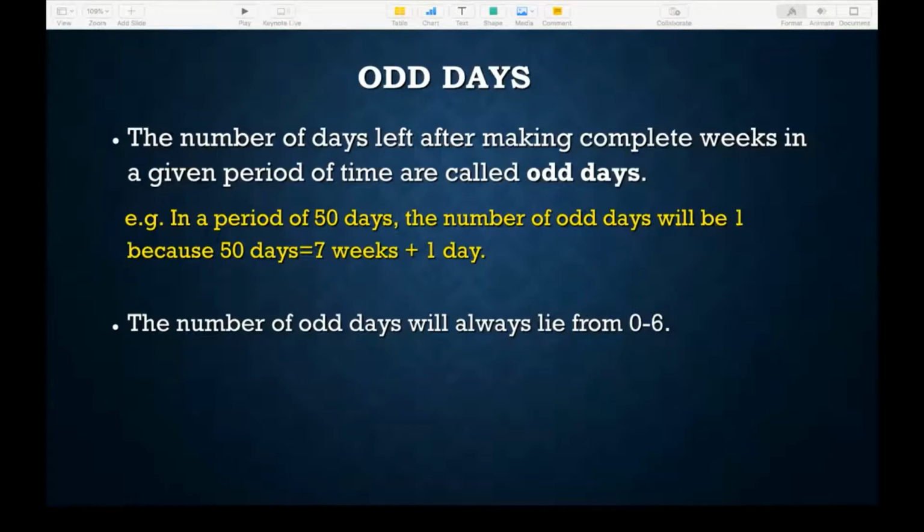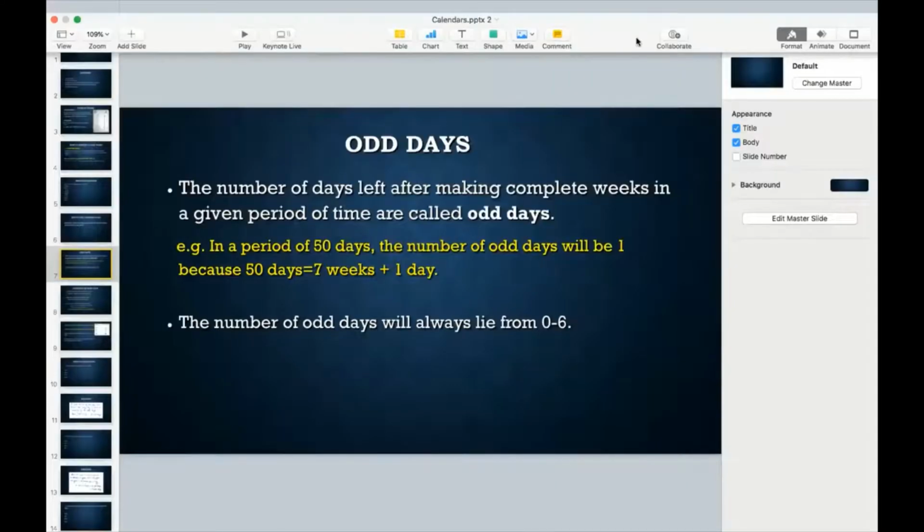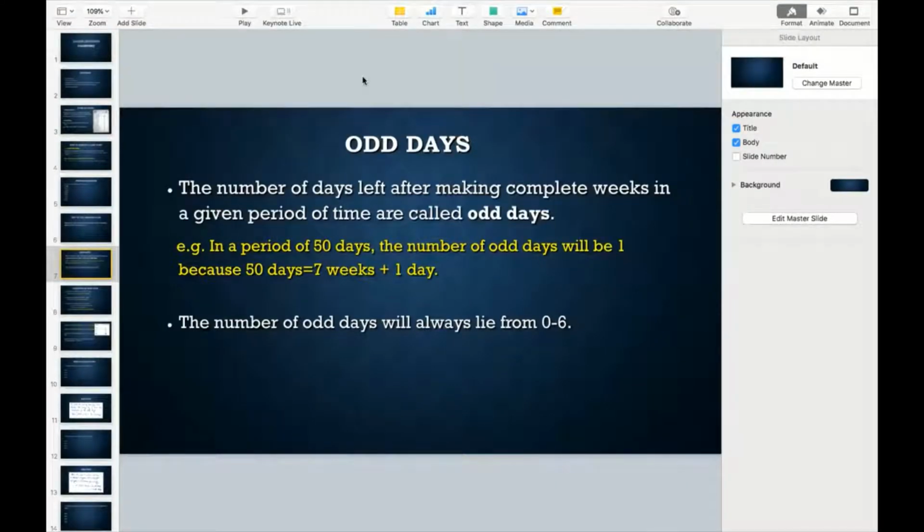Since we are dividing the number by 7, the remainder can be from 0 to 6, and that is why the number of odd days will always lie between 0 and 6. Is this clear, guys? Is it clear till this part? Simply, in any given period of days, the days left after making complete weeks are called odd days.